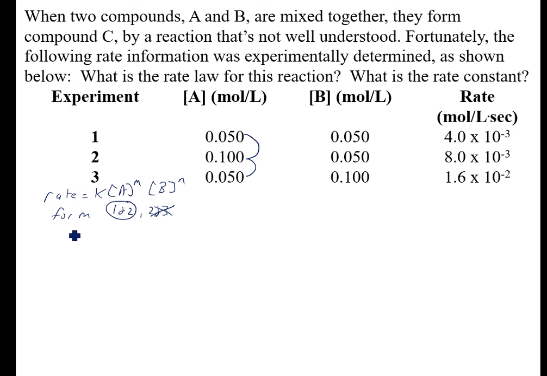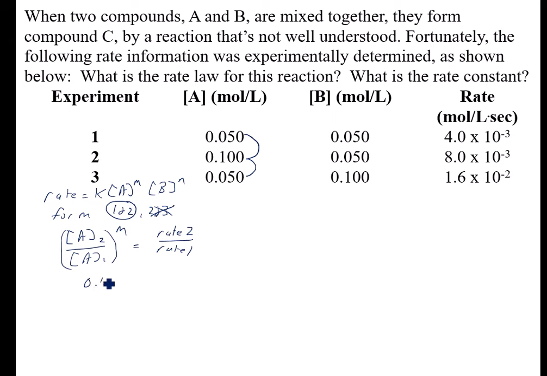Okay, so the highest concentration goes on top, which is this one, 2. So it's going to be the concentration of A for experiment 2 over concentration of A for experiment 1 raised to the M is equal to the rate for experiment 2 over the rate for experiment 1. Now I put in my numbers.